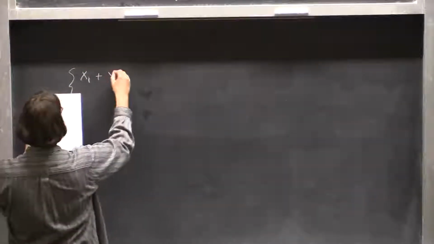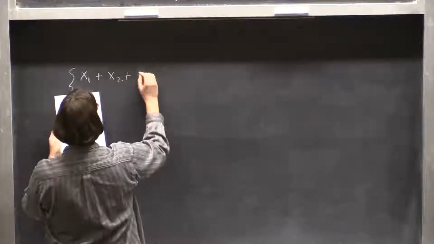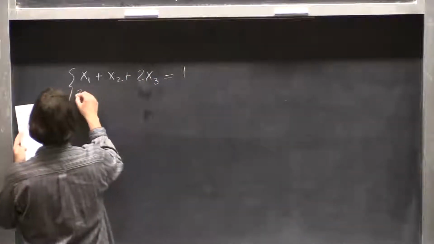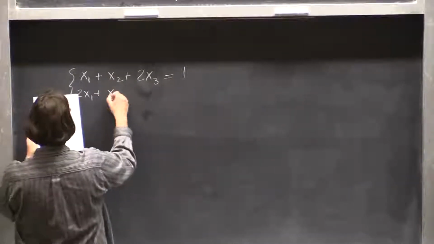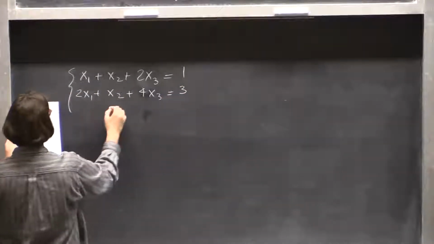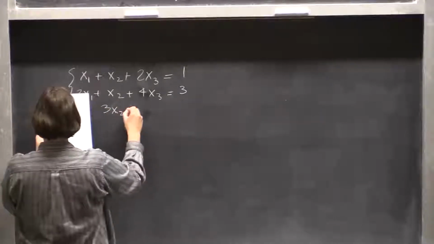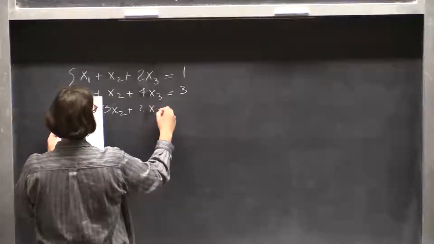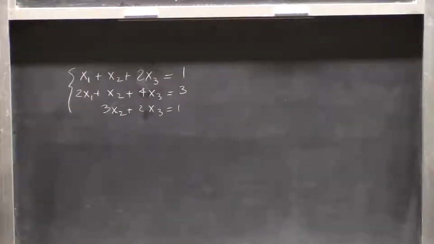Now, let's say we were given the linear system x1 plus x2 plus 2x3 equals 1, 2x1 plus x2 plus 4x3 equals 3, 3x2 plus 2x3 equals 1. And we're asked to find the solutions.